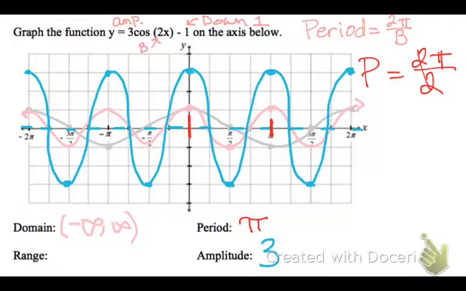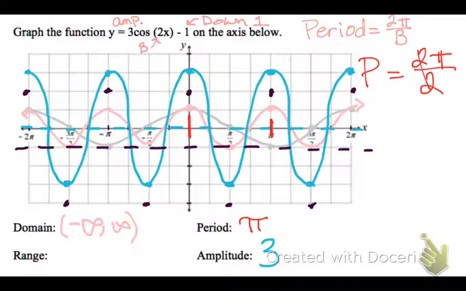Now, the last thing that needs to happen is this entire function needs to move down 1 unit. The entire function. So all of these points that I've just drawn all need to go down 1 unit, because the midline is also going to go down 1 unit. So now I'm going to draw my new midline in purple.